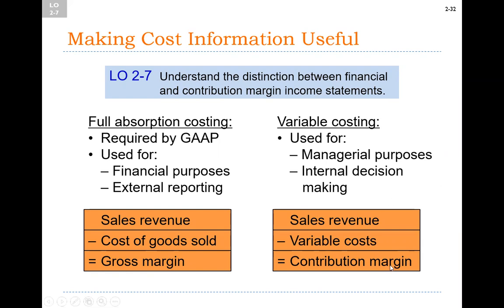Contribution margin represents the amount I have left over after covering all my variable costs to cover my fixed costs and to make a profit. We use contribution margin in break-even analysis. That's something that we'll see in the future, but it is something that you learned in Accounting 2. But again, this is for decision-making purposes.